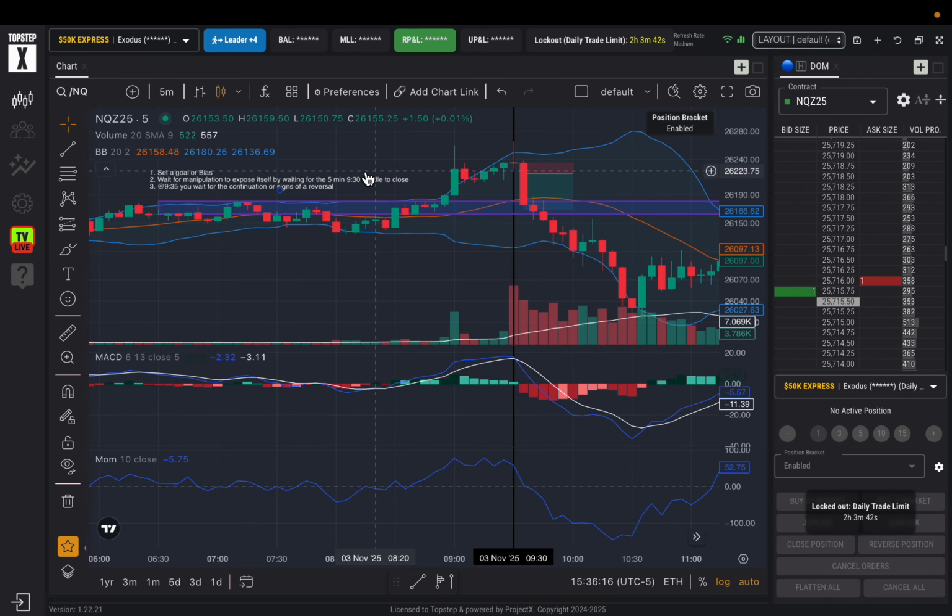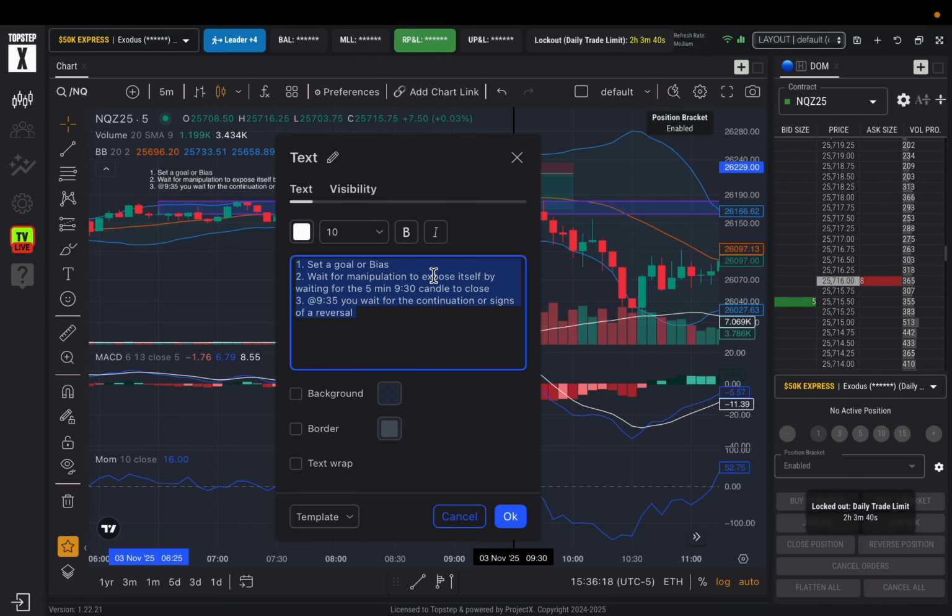So look for the continuation based on the market direction. So then based on step 3, either you're going to short or you're going to long, right?